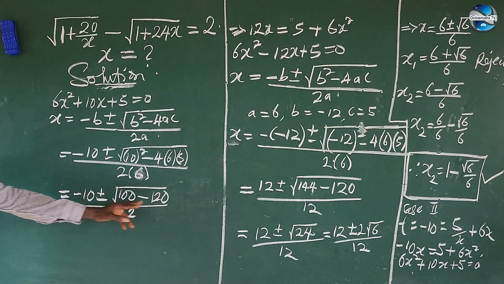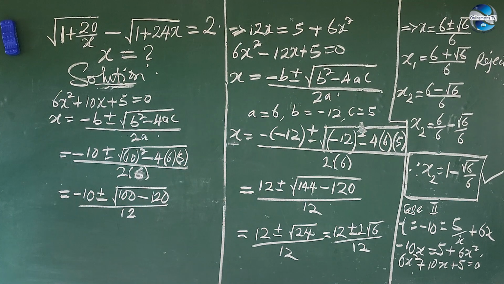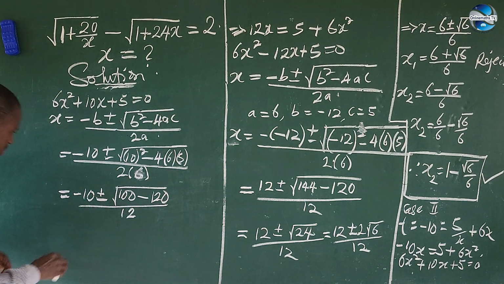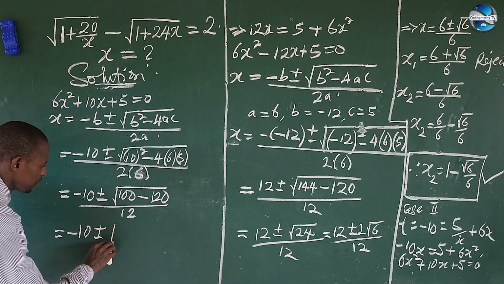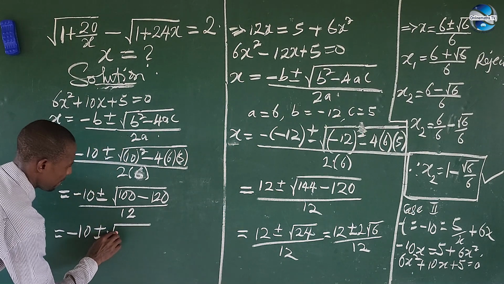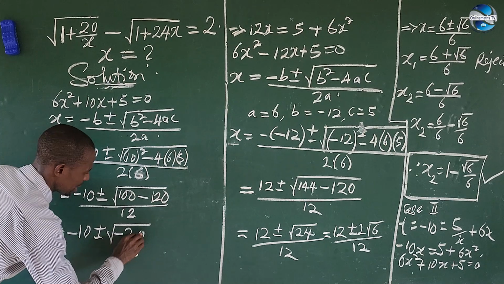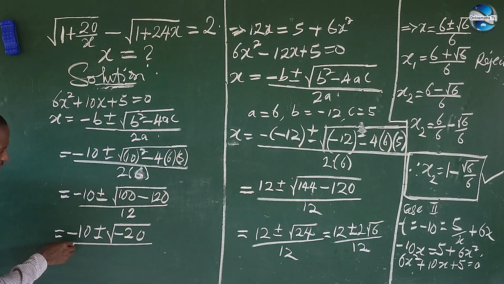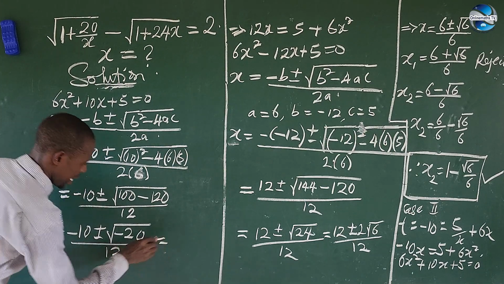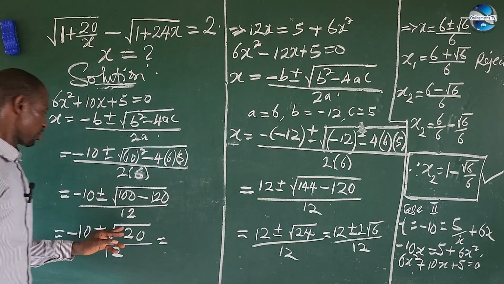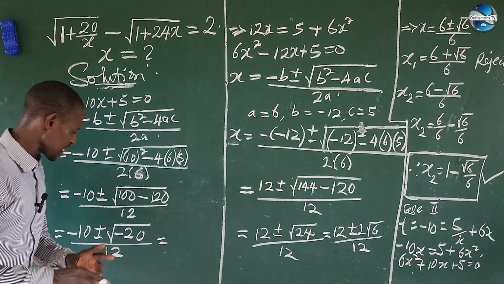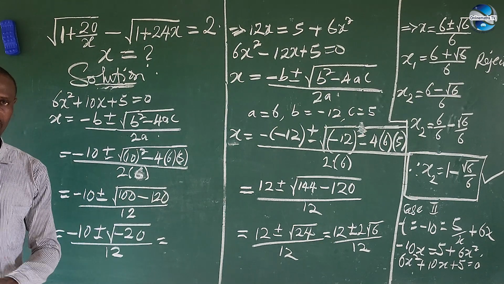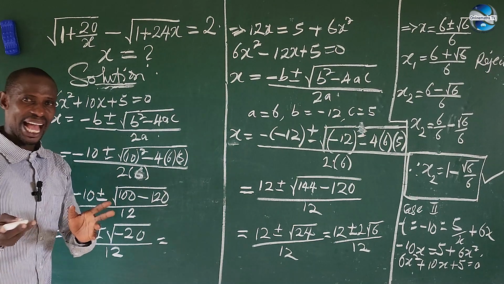If we subtract, this will give us minus 20. So we have minus 10 plus or minus the square root of minus 20, all over 12. Again, we can write minus 20 as minus 1 times 4 times 5, and the square root of minus 1 is iota.